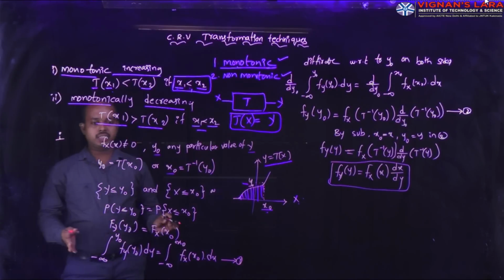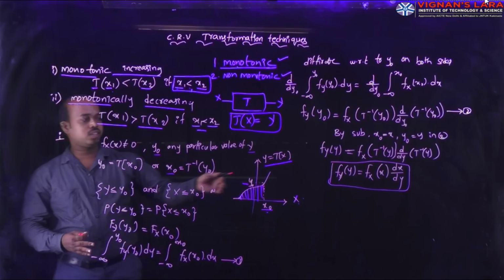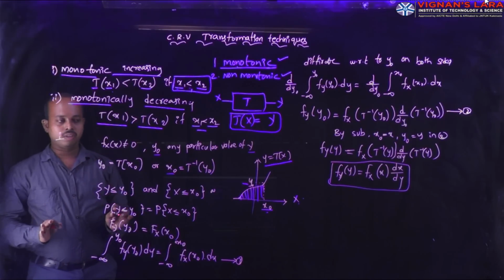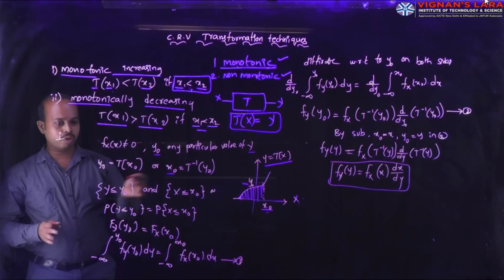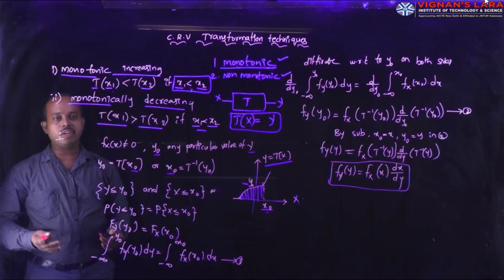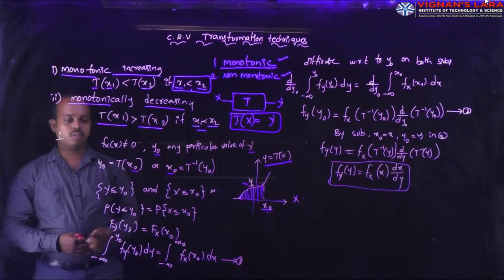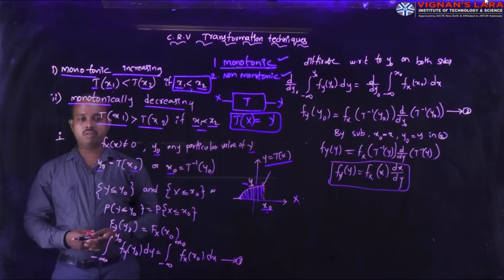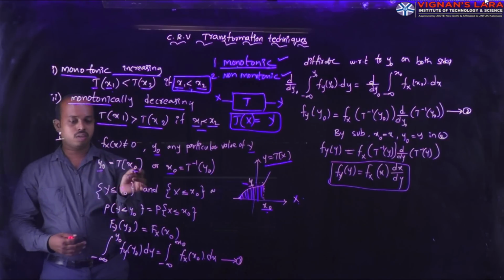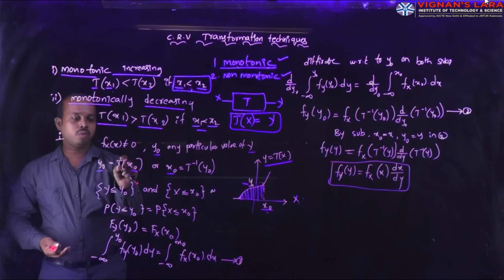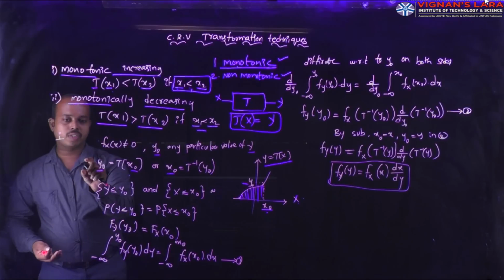Just we can write the relation we have for the transformation, the same equation, but the change is we take one more variable, y naught and x naught. These are elements of the random variables. Here I am writing y naught is equal to T of x naught. From this relation you can find x naught. Just move this T to the left-hand side.